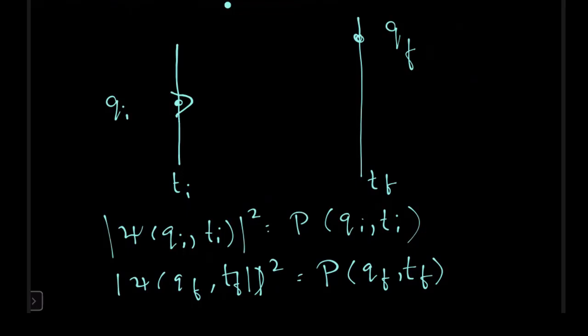It turns out that when you have the probability of finding the quantum particle localized near qi at time ti, and you want to calculate the probability of the final state, when you go from psi qi ti to psi qf tf, you are indirectly going from one known probability to another unknown probability that you want to know.